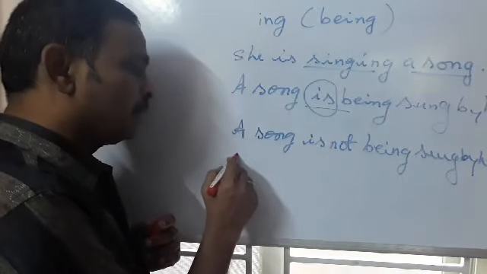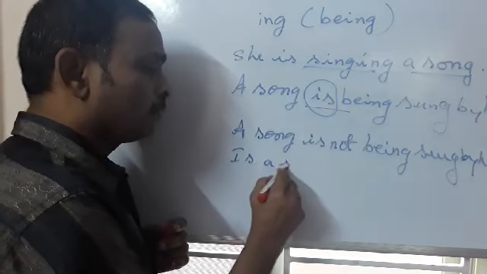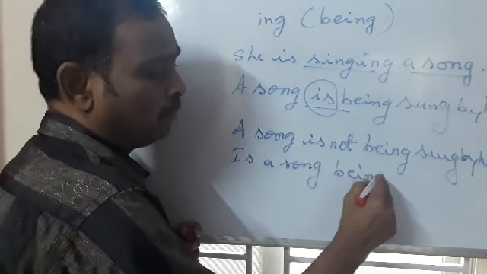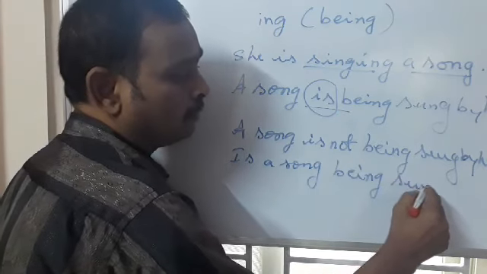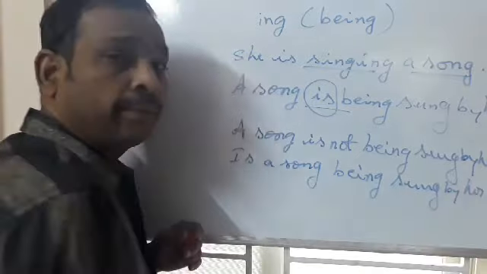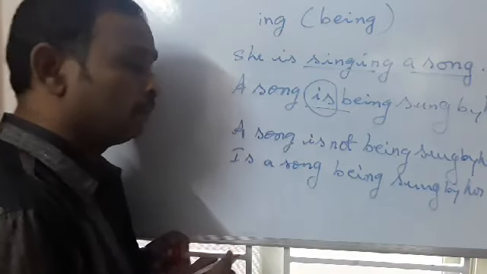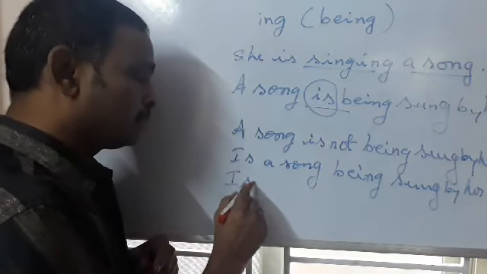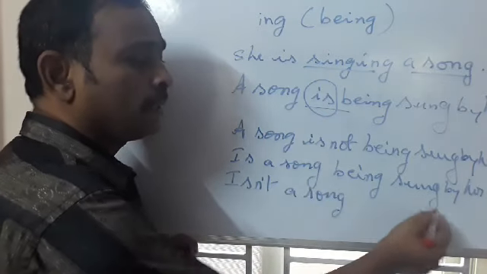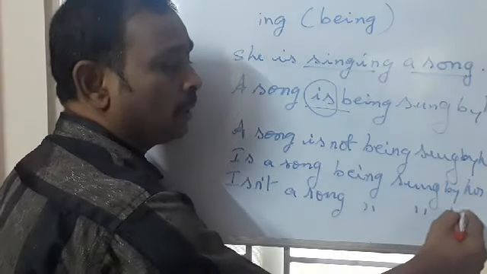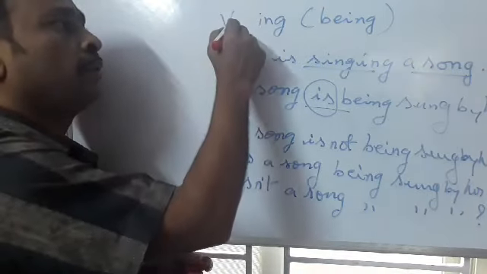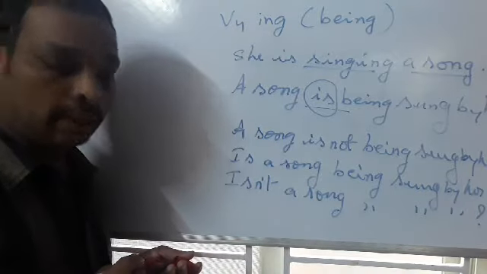That means is a song being sung by her. If you want to write interrogative negative, see, isn't a song, so as it is, so being sung by her, question mark. So like that, with the verb 4 we can write answers.